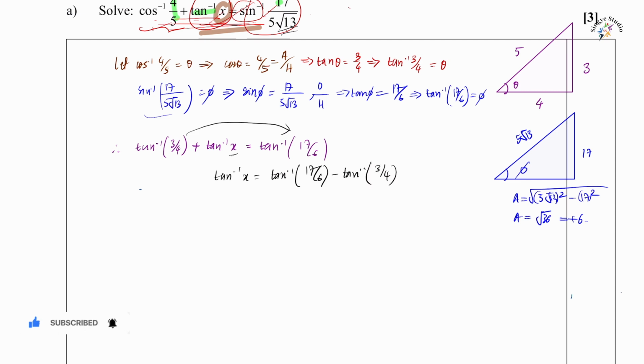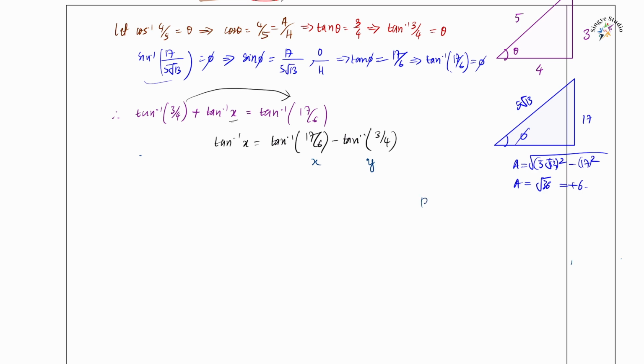So we have the form tangent inverse of x minus tangent inverse of y. Recall that tangent inverse of x plus or minus tangent inverse of y equals tangent inverse of x plus or minus y over 1 minus or plus xy, where x and y can take any real value.